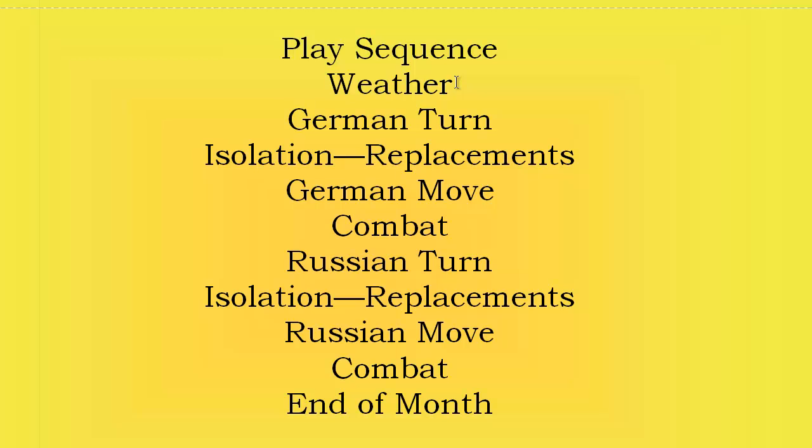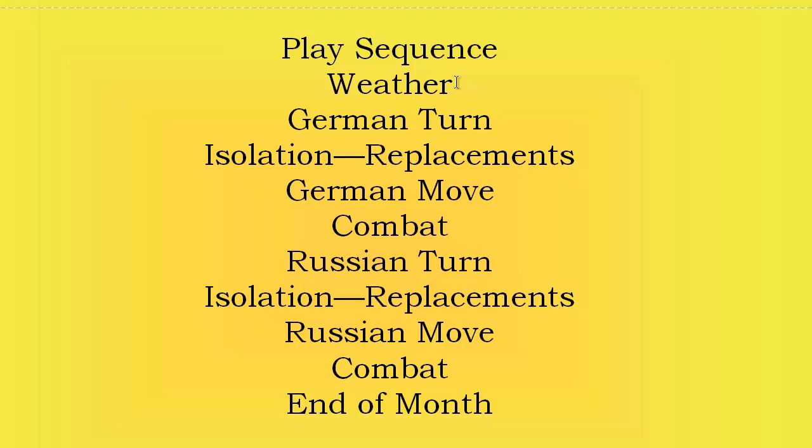Once combat has taken place and all attacks have been settled, it is the turn of the Russian player. The Russian player applies the isolation rule as appropriate, and then takes her replacements. Having done this, it is the turn of the Russian player to move. And the Russian player is entitled to move any or all of her units, subject to the same restrictions as before.